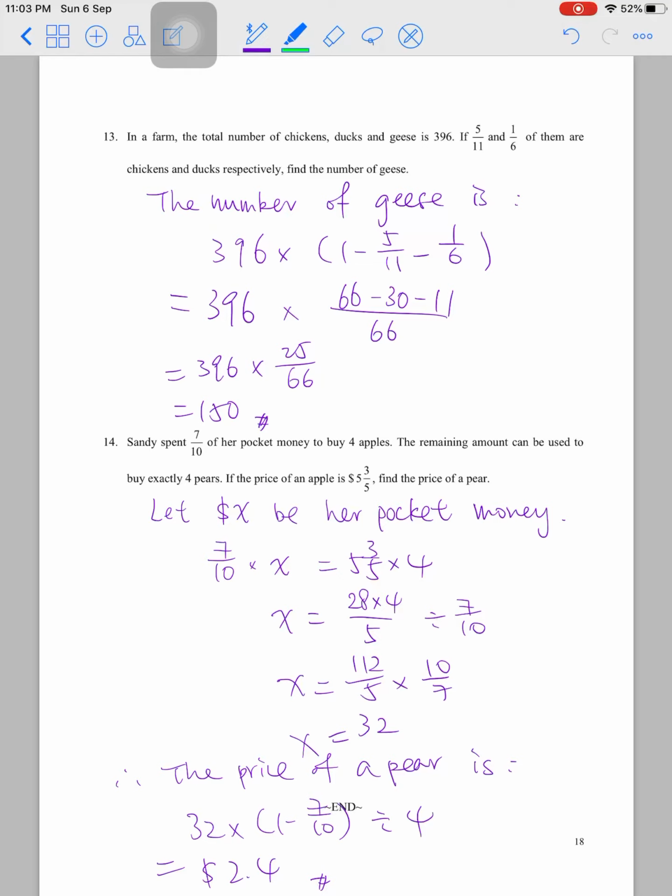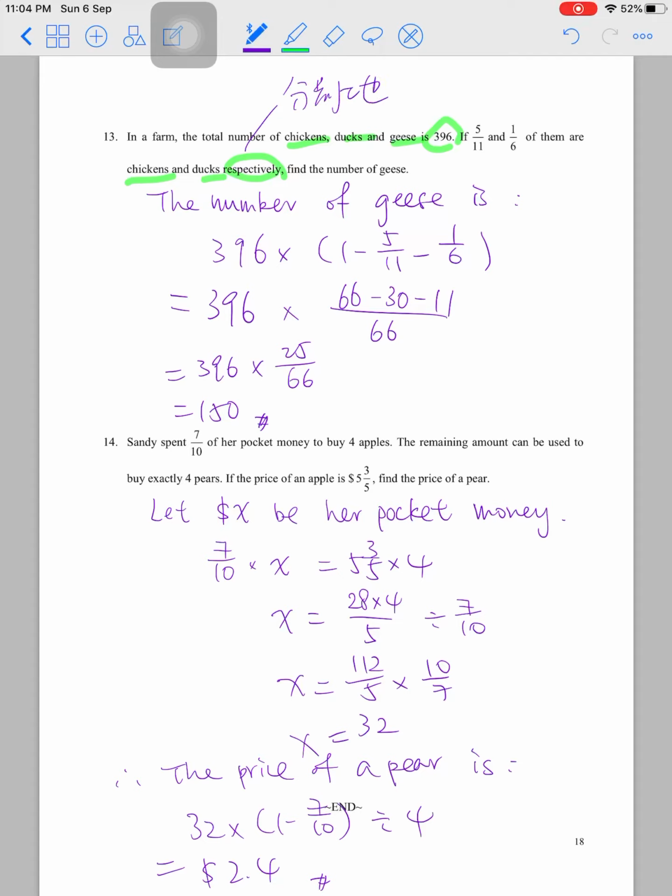Question 13 says that in a farm, the total number of chicken, ducks, and geese is 396. If 5 over 11 and 1 over 6 of them are chicken and ducks respectively, this word respectively means 分別地.